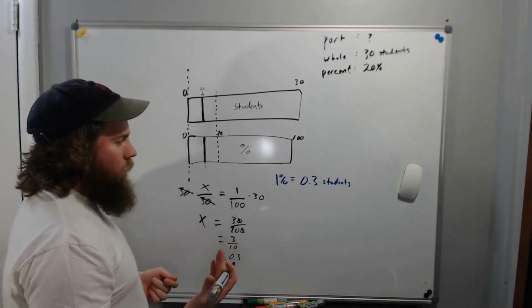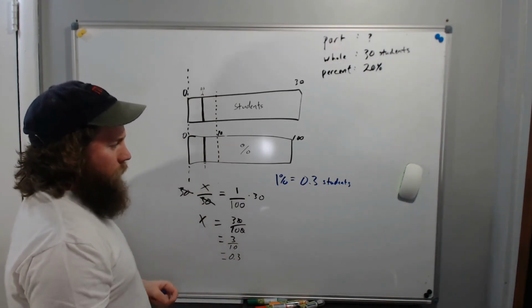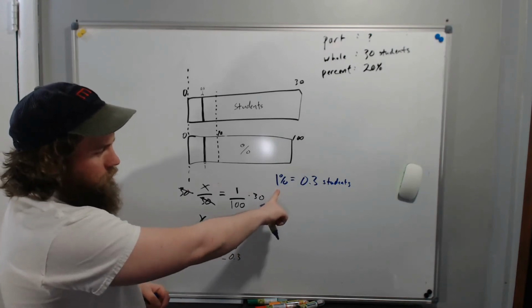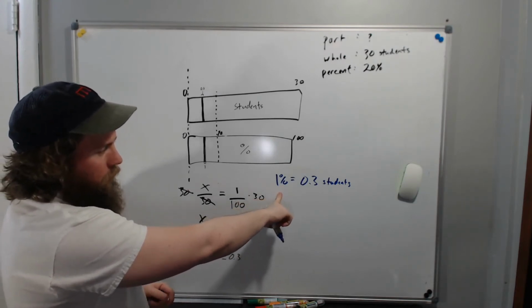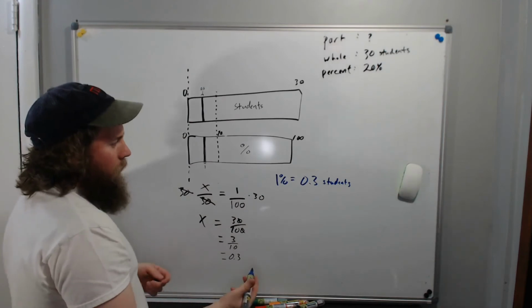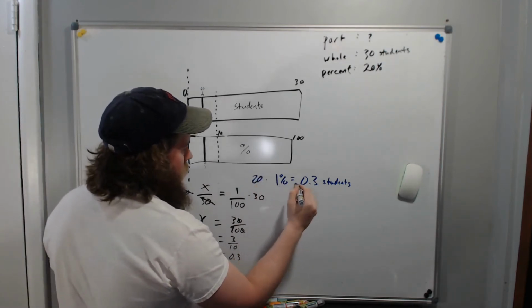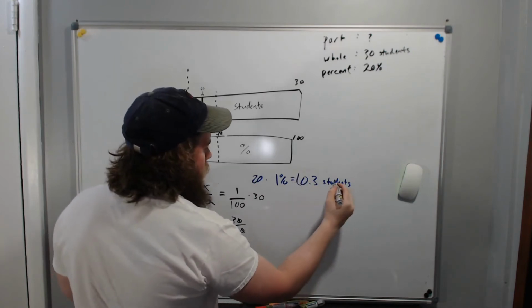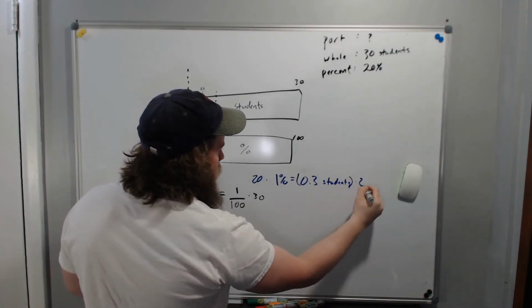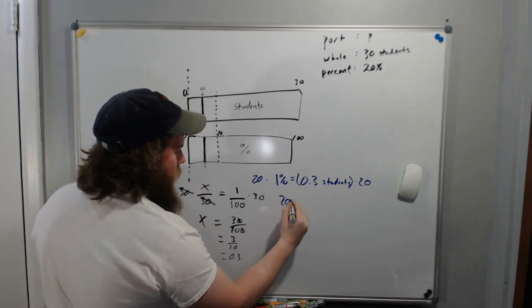to figure out what 20% is, well, all you have to do to get to 20 here from 1% is multiply by 20. So we can multiply by 20 on both sides. All right, that's 20%.